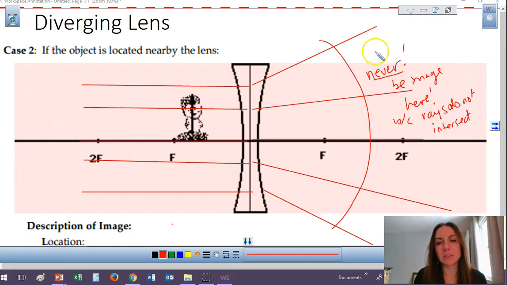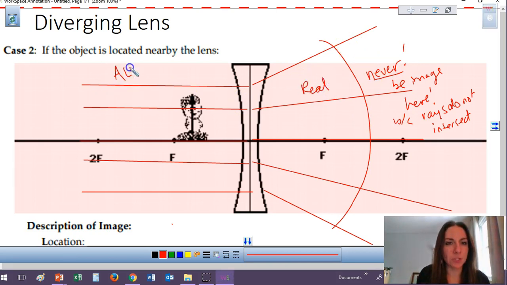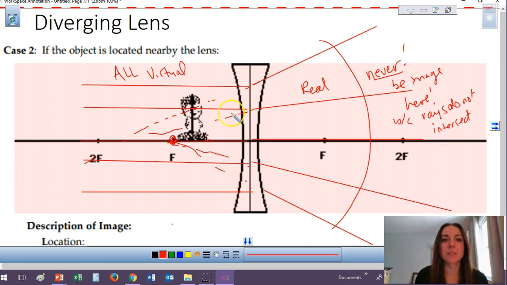Remember, by definition, this is the real side of the image. So all diverging lenses will make virtual images. In other words, if we were to continue these lines over here, I drew this very poorly, but if I drew it more accurately, we would see they all come to some sort of focal point right here.